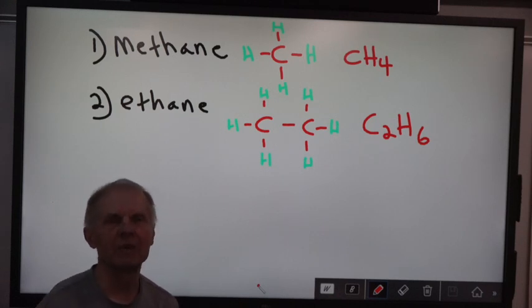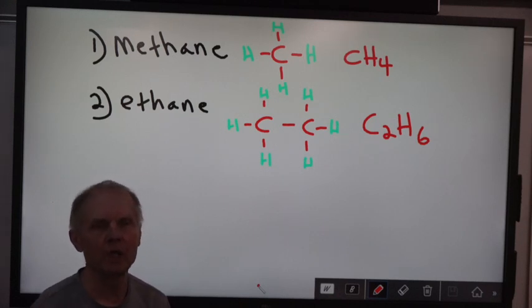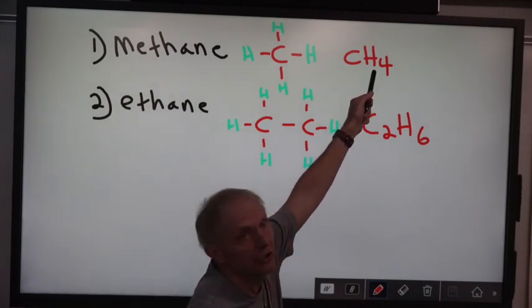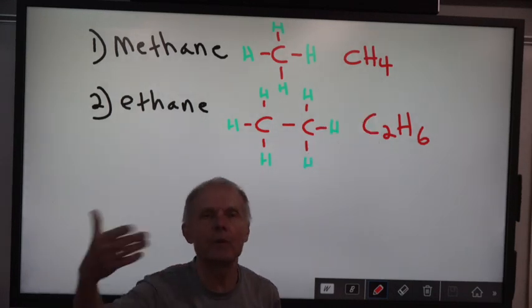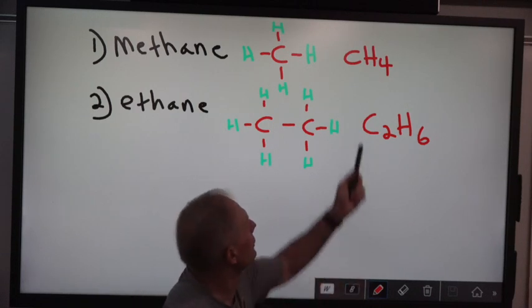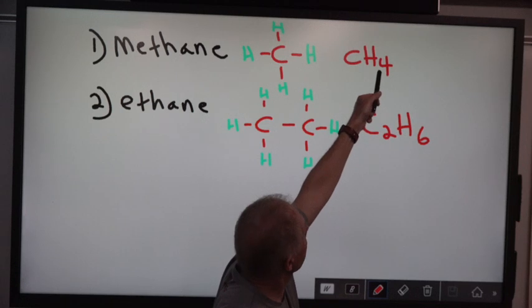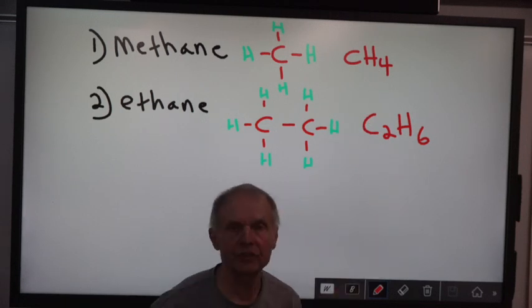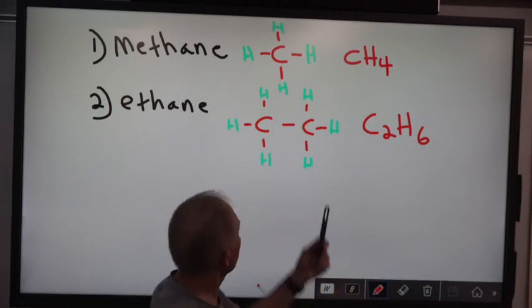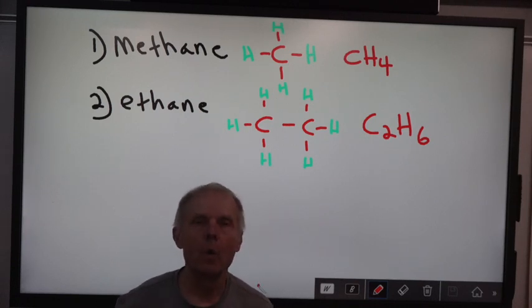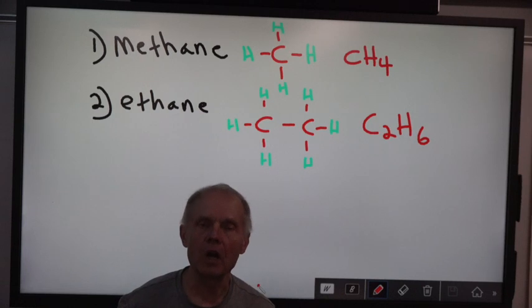Now, do you remember what I said about homologous series? They all have the same chemical and physical properties, they have the same general formula, and they all differ from one another by 1 carbon and 2 hydrogens. Look, there's 1 carbon and 4 hydrogens. The next one down, you add 1 carbon and 2 more hydrogens. So there's 2 carbons, add 2 more hydrogens, so that's C2H6. So even if we don't draw the next structure, we can figure out the formula by adding 1 carbon and 2 hydrogens.